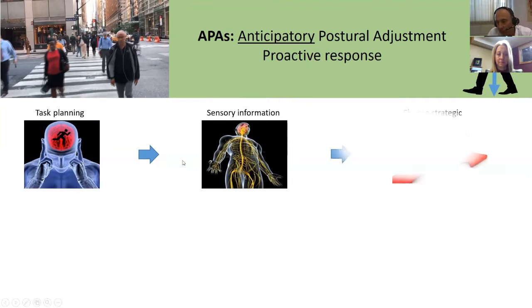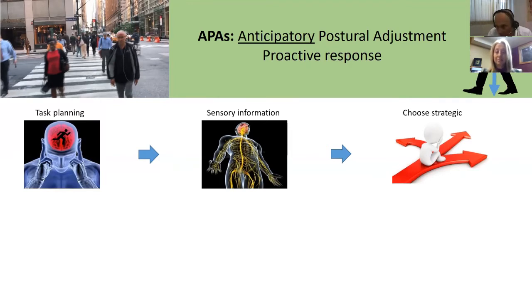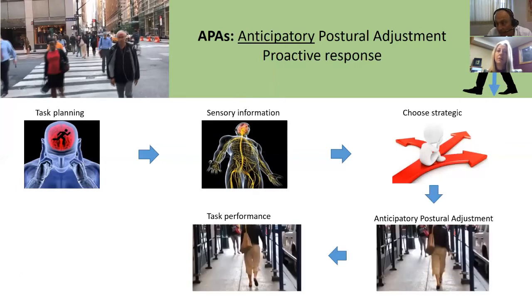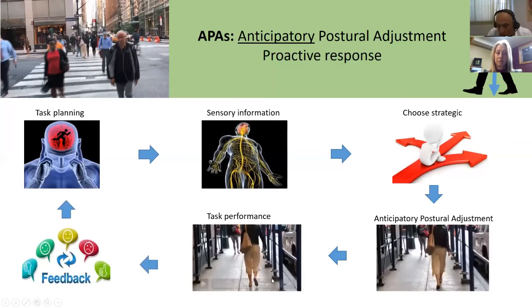The sensory information then comes in, and again we choose the appropriate muscle coordination strategy to be able to negotiate any unexpected perturbations, and keep with our task planning. And then we're getting this continuous loop of the sensory information being fed forward.